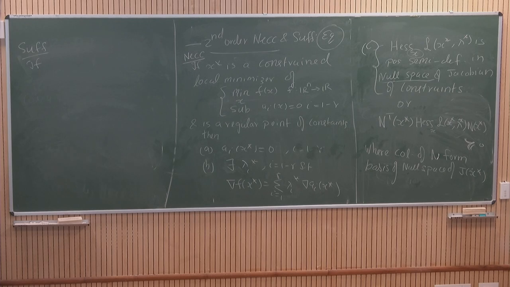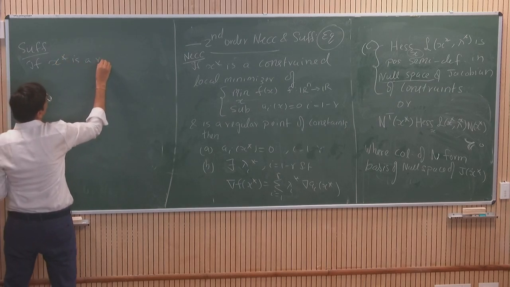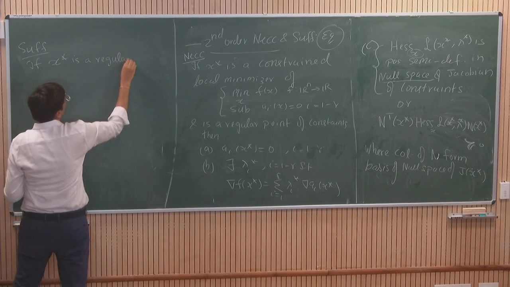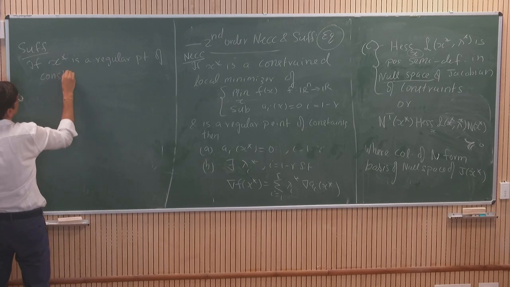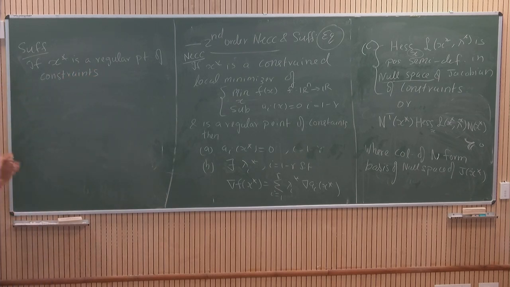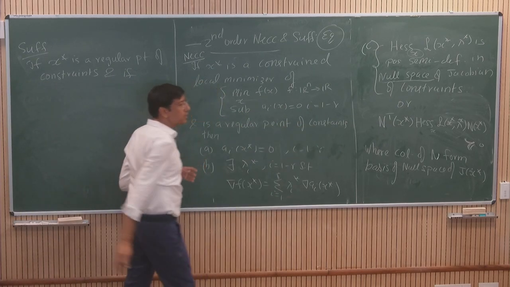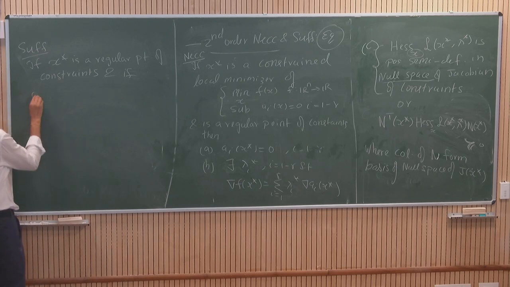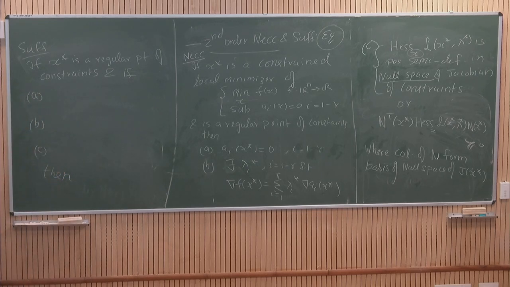If x star is a regular point of constraints, and if constraints meaning these guys, it's a regular point, and if what all is true, then what will be the sufficiency condition?